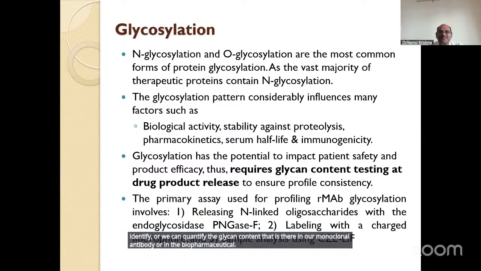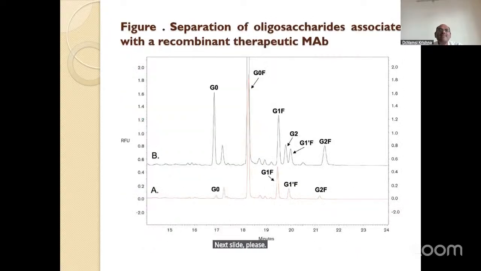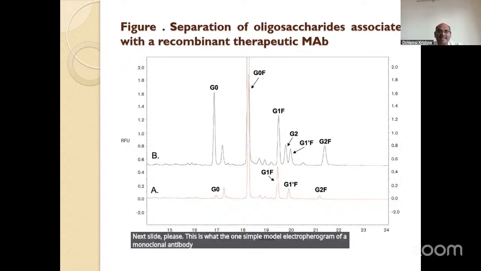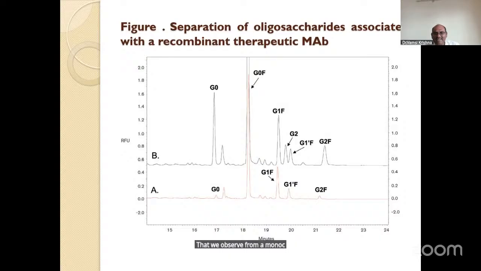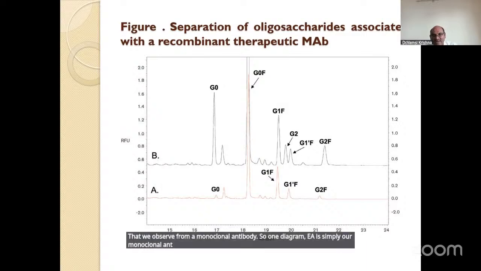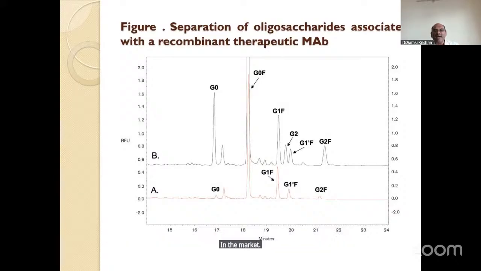Next slide, please. This is a simple model electropherogram of a monoclonal antibody glycan content analysis. These are G0, G1, G2, the different glycan fragments we observe from a monoclonal antibody. Diagram A is our monoclonal antibody, showing the different glycan fragments we observe, and B is the blank spiked with commercially available glycan standards.